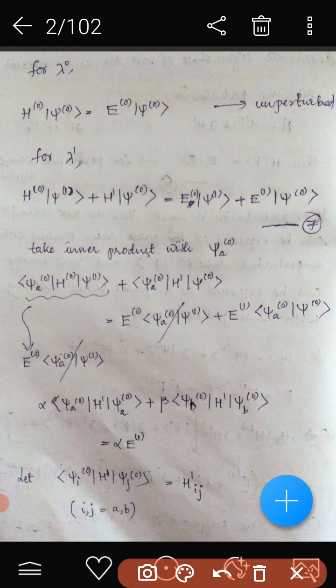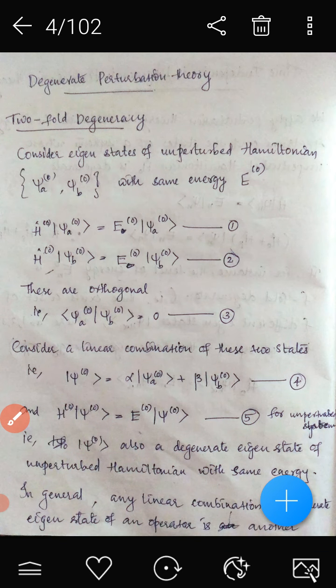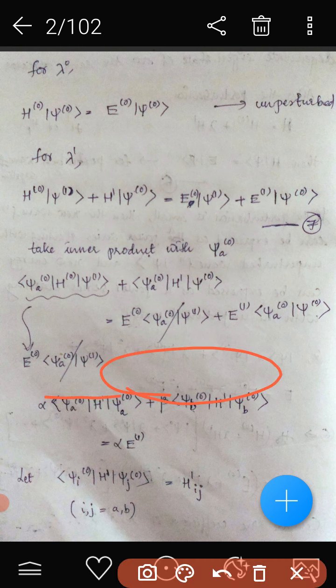Next, instead of this psi 0, I substituted alpha psi_a^0 plus beta psi_b^0. So we get alpha <psi_a^0|H prime|psi_a^0> plus beta <psi_a^0|H prime|psi_b^0>, which is equal to E1 times alpha, where I also substituted for psi 0 on the right side.